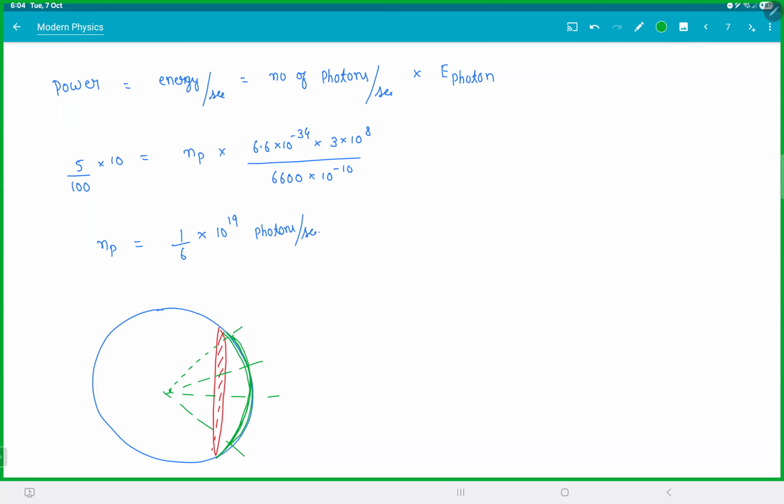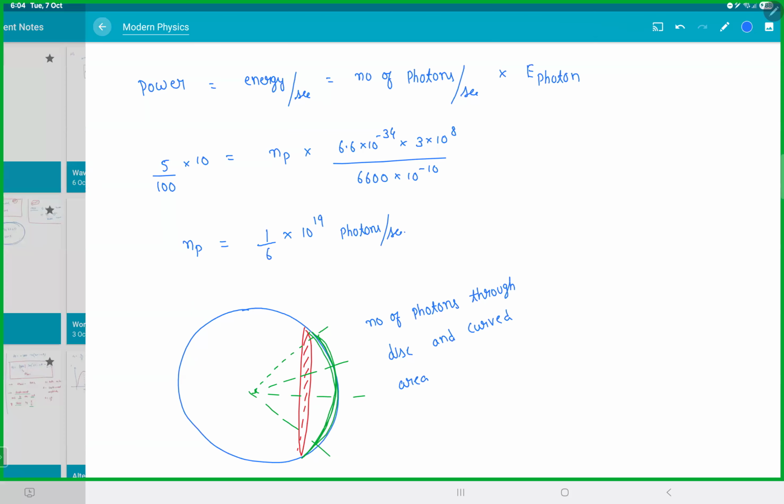So can I say the number of photons passing through the disk must be equal to the number of photons passing through the curved area. The number of photons through the disk and that curved area must be the same. This is what we have done in electrostatics, Gauss law for calculation of flux. You should refer to that in case you forgot.